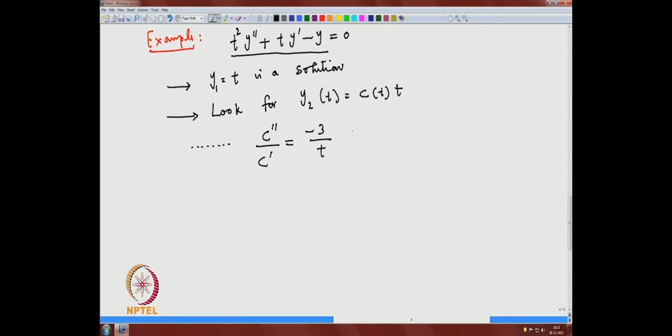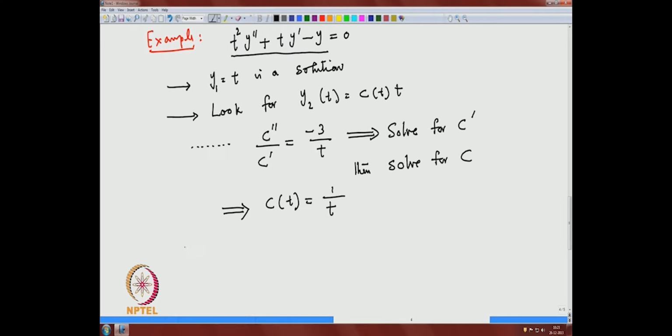Finally, first solve for c prime by reduction, then solve for c, and with this small exercise you can see that c of t is equal to 1 over t squared, or any constant multiple. So you will have another solution.